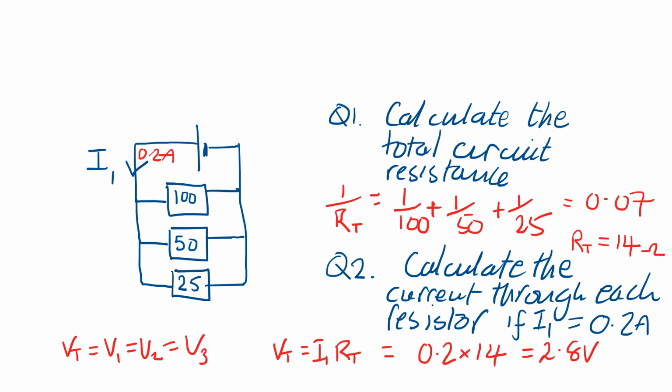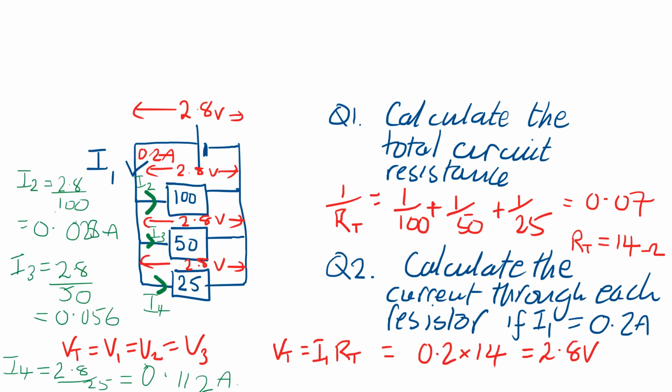So we've calculated the EMF of the cell there, effectively 2.8 volts, but we know that's going to be the same across each resistor. To help us, we can mark and label the potential difference across each resistor here, and then it becomes a case of using Ohm's law, or I equals V over R, to find the current through each resistor.